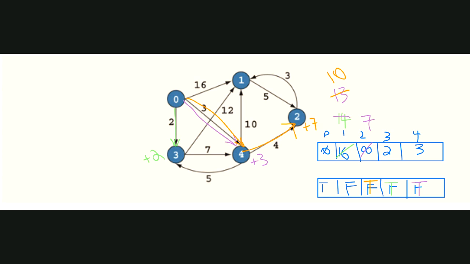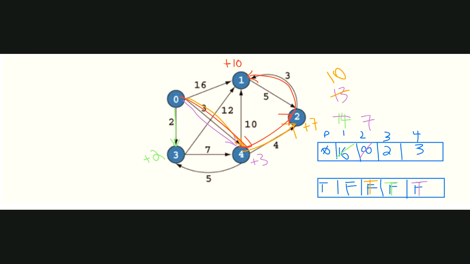So I know that for this, the best way to go is from here to here, and then from here to here, and then from here to here. And that's going to give me plus 10 already, right? So that's the weight that I have until I get to this point from 0. Now, if I want to go to any of the other nodes, it's not going to give me any better option.